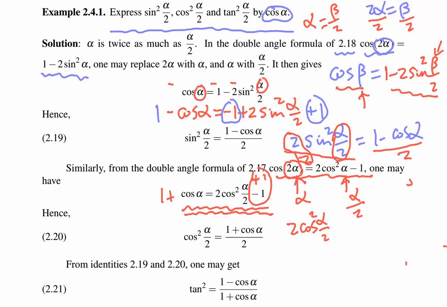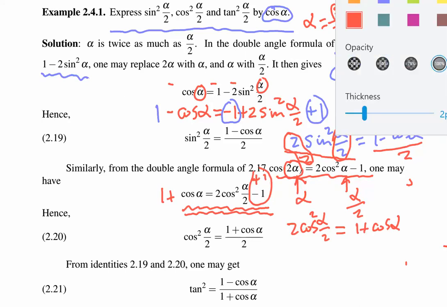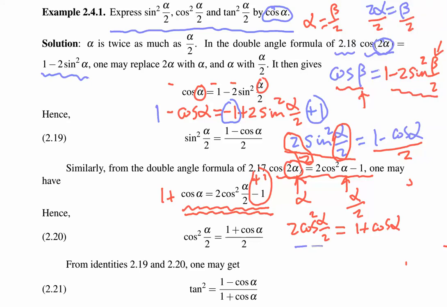And then on the left-hand side is 1 plus cosine alpha. So you write it on the right, and then divide by 2 on both sides. Cancel these 2. You then have this one left, the one right here. The right-hand side, 1 plus cosine alpha over 2, is the one right here.